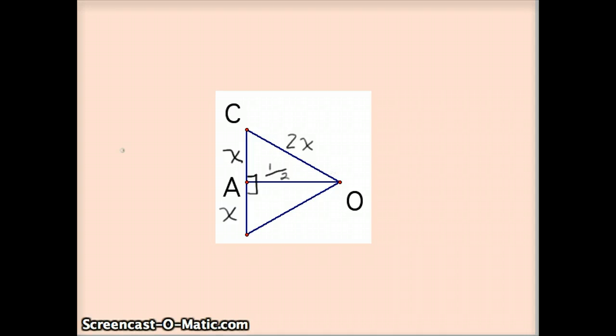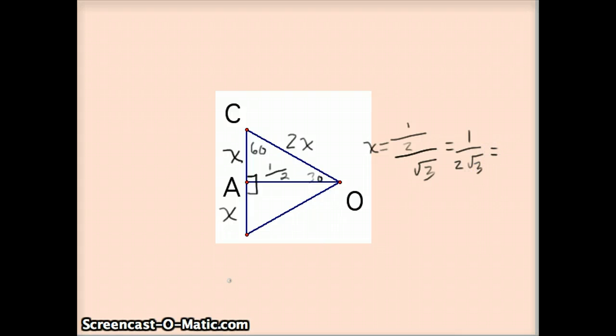Now, this triangle happens to be what's called a 30, 60, 90 triangle. And there's a relationship in a 30, 60, 90 triangle that the side across from the 30 is the side across from the 60 divided by the square root of 3, which is 1/2 root 3.